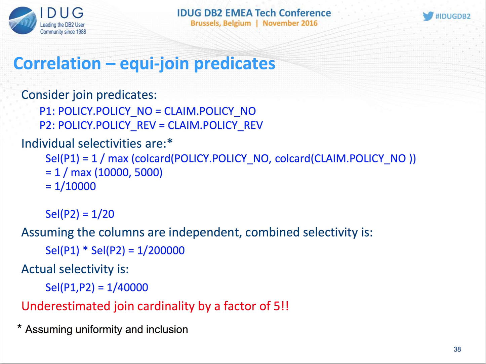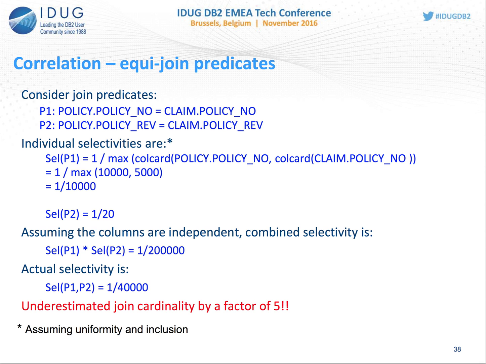But if the optimizer had that column group stat that said there are only 40,000, the filter factor should really have been 1 over 40,000, so it had underestimated the cardinality of the join by a factor of 5. The estimate of the number of rows produced by that join is a factor of 5 too small, and that can have a big effect on the join order and what other operations are done downstream from that join. So it's important to have stats to correct that type of problem.